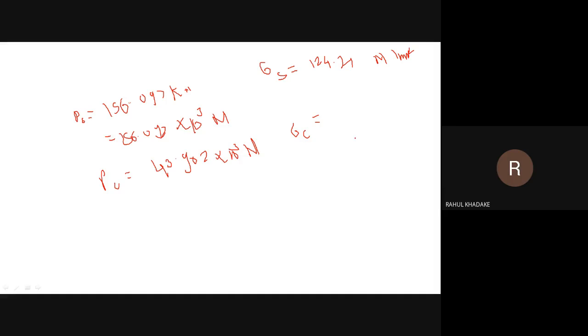Yes, sir. करेक्ट. नेक्स्ट, sigma C is equal to 62.10 Newton per mm square. This is sigma C. Correct? Yes, sir. Correct. Very good. And delta ELS equal to 0.248 mm. It is correct? Yes, correct.